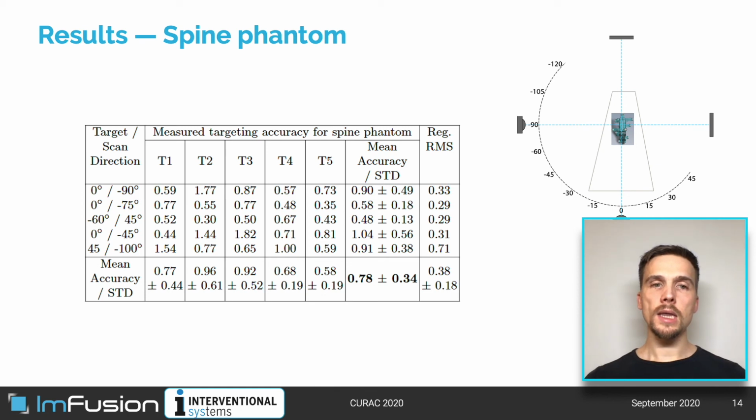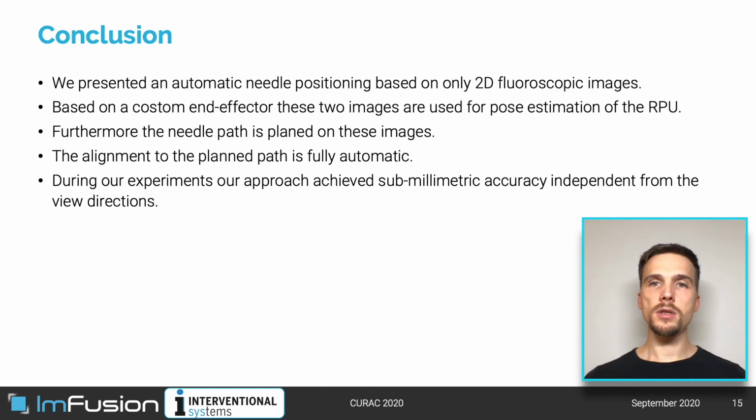So this brings me to my conclusion. In this work, we presented an automatic needle positioning based on two 2D fluoroscopic images. We used a robot and a custom end effector to establish a transformation chain from the robot to the fluoroscopic images in order to directly transfer planned trajectories into movement of the robot.